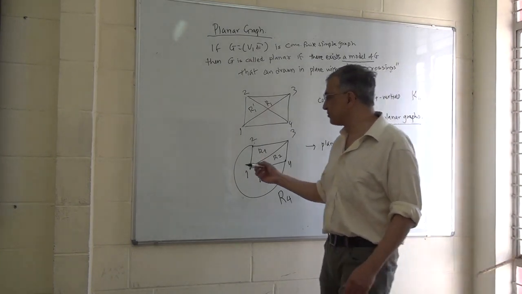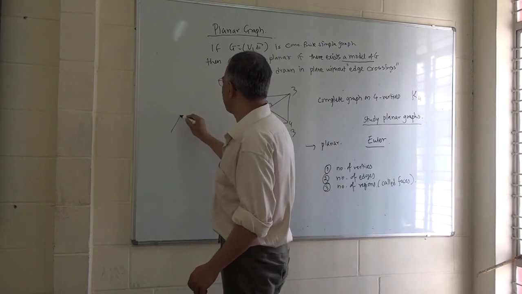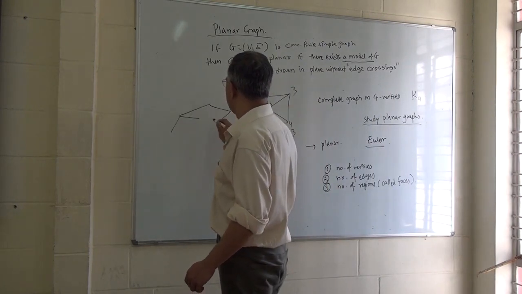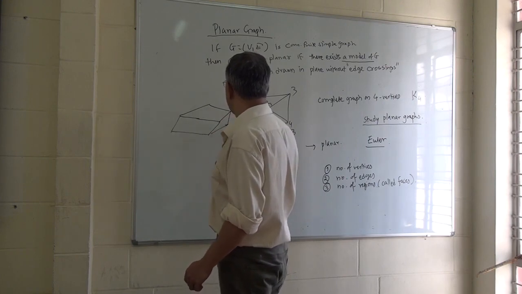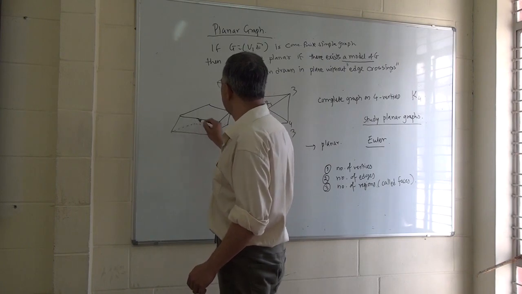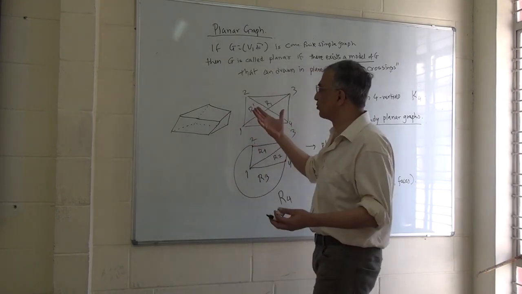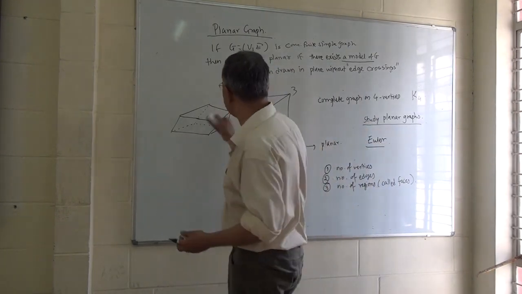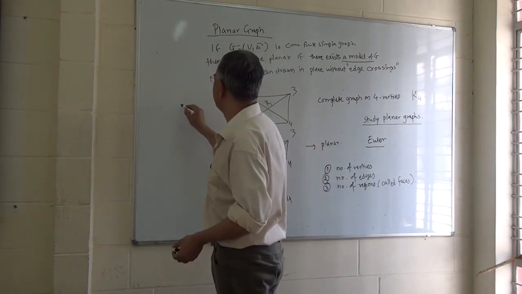Why is this called faces? Because the regions are, for example, if you look at some cube kind of structure. So look at a cube. This doesn't look like a very nicely drawn cube. Let us draw a cube much better.